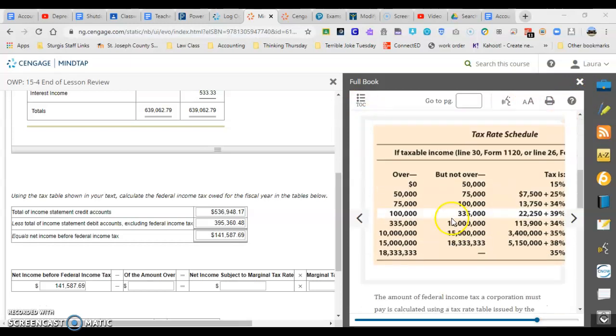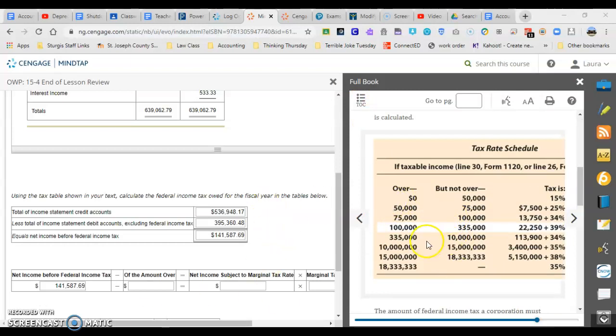So this is how much they made, I hope, I didn't double check it yet, 141,587. A tax bracket is like an increasing level of tax.